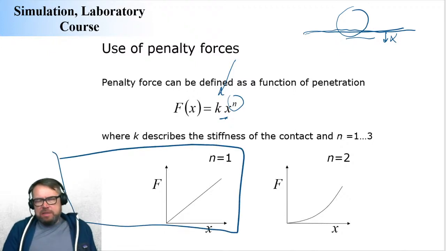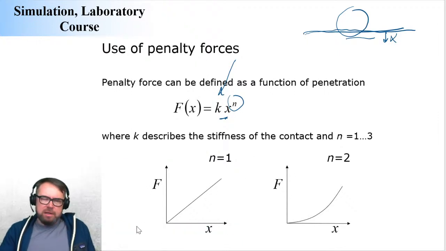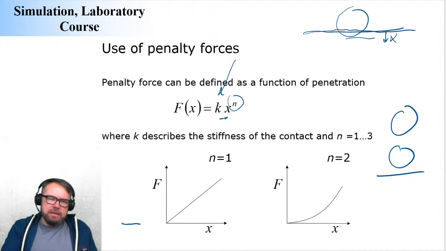So what's the problem in this figure? The problem is this: when the ball is traveling here, getting close to the surface, and finally it hits the surface, what happens when it is hitting the surface is this discontinuity. You're moving from zero force to a curve that is increasing linearly.